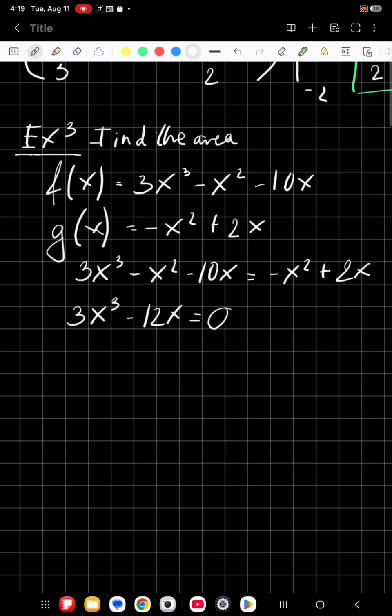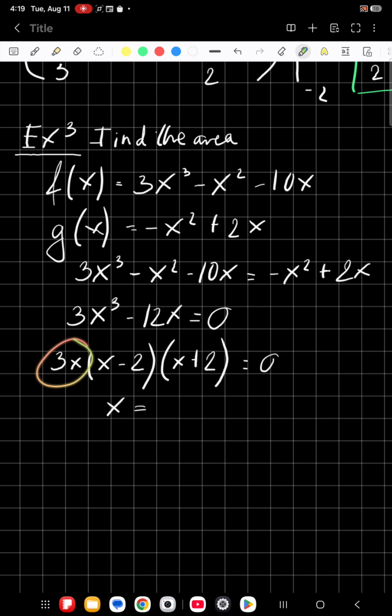So we try to factor it. What I have is 3x times (x minus 2) times (x plus 2) equals 0. I got that 0 from this particular factor, and if you plug in 0 here, you get 0.